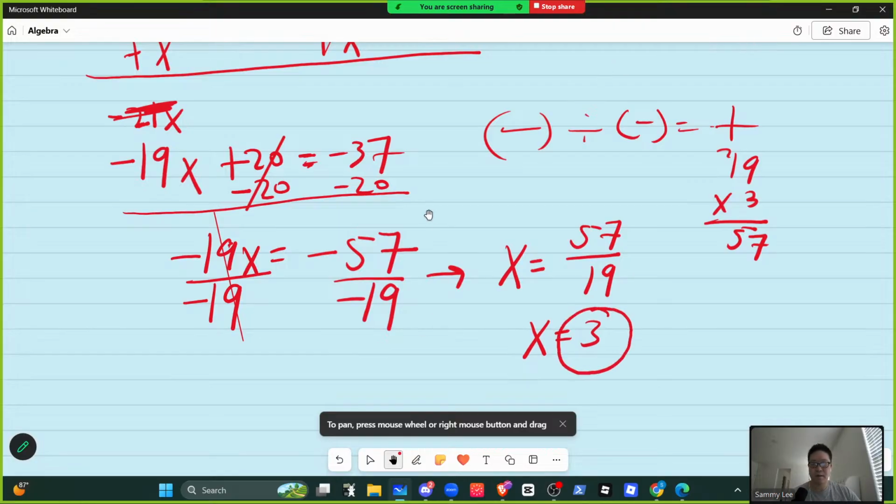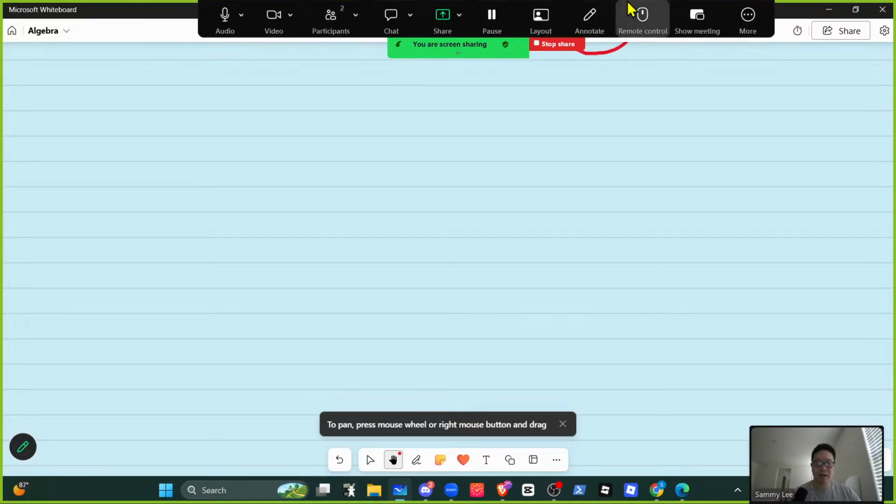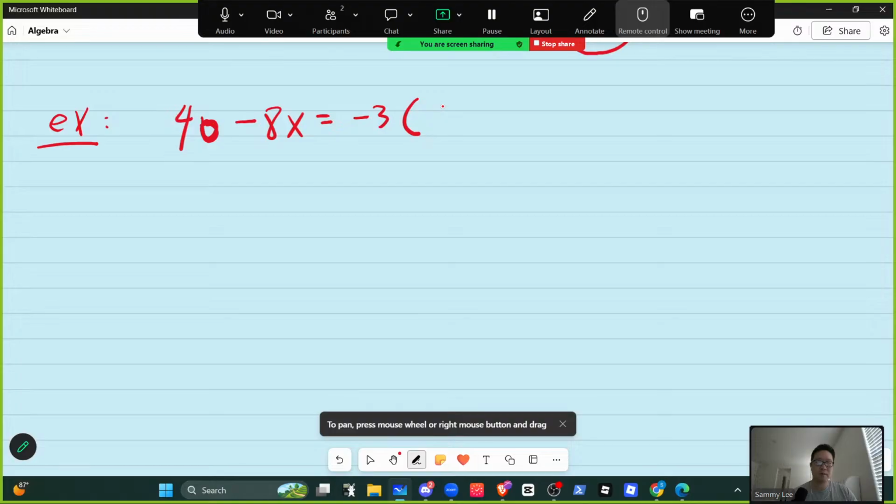So let's try another one. And this is going to be your turn. So we have 40 minus 8x equals negative 3 times the quantity of 5x plus 3.